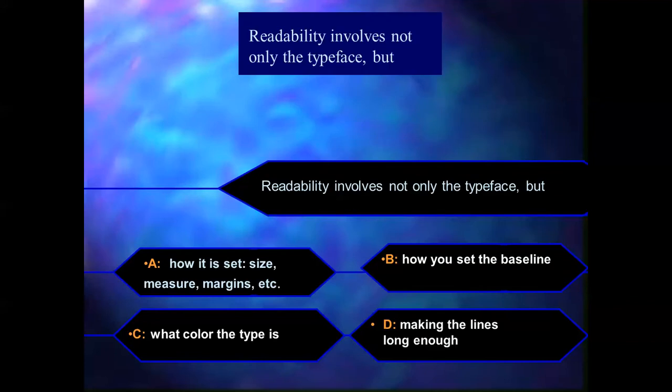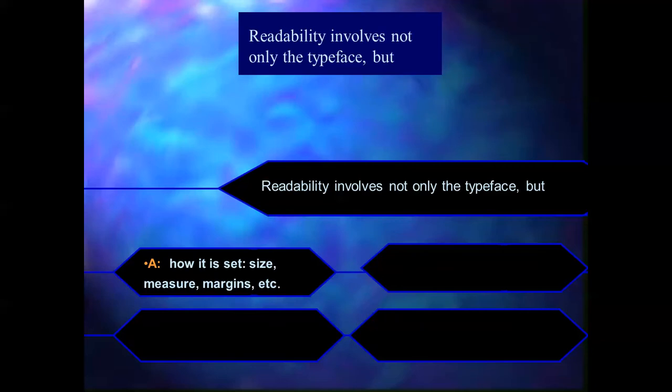Okay, readability involves not only the typeface, but A, how it is set, size, measure, margins, etc. B, how you set the baseline, C, what color the type is, or D, making the lines long enough.